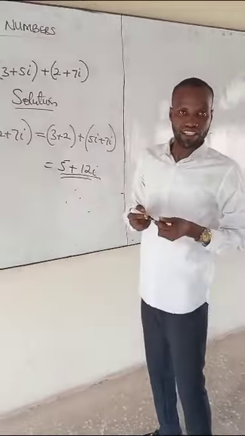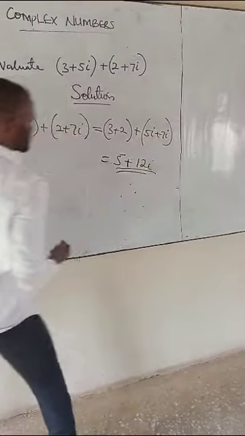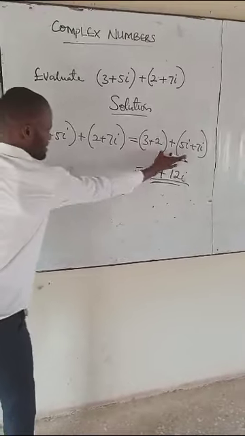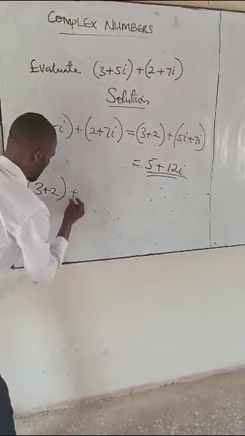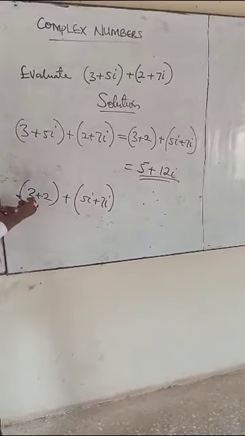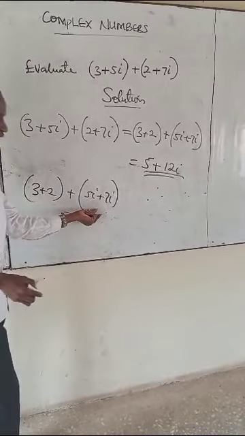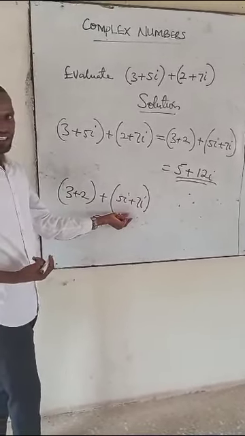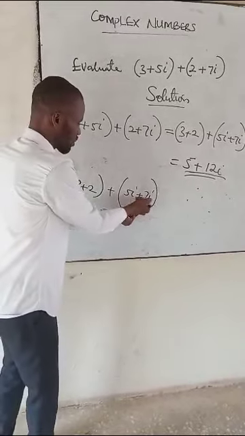But you can equally do it this way. At the time you got to this extent, let's say if I bring this step here, 3 plus 2 plus 5i plus 7i. You see that 3 plus 2 gives us 5. Then coming to the second term, I can decide to bring out the i outside, that's to factorize, to bring out the common factor, because here i is the common factor.